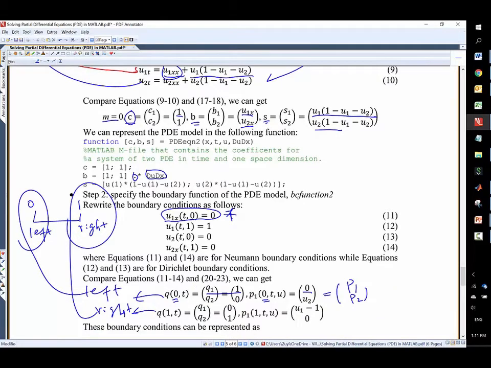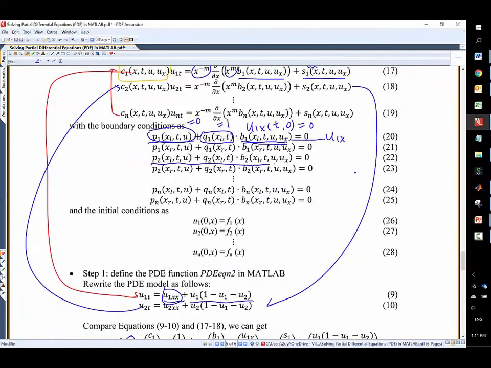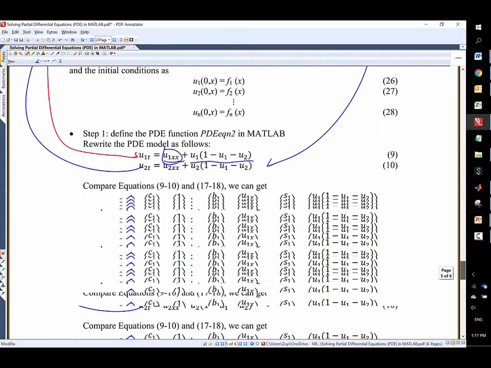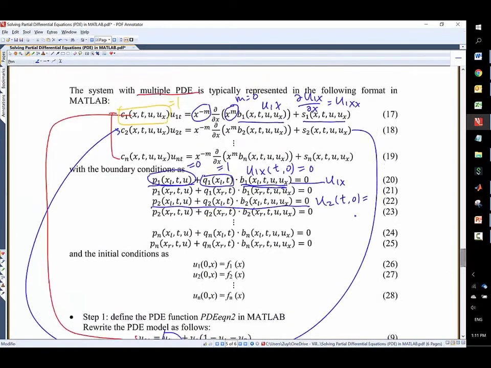For the second, also work on the left hand side. On the left, we're working on the second one as u2t0. So u2t0 equal to 0 here. Similarly you can see b2 equal to u2x.